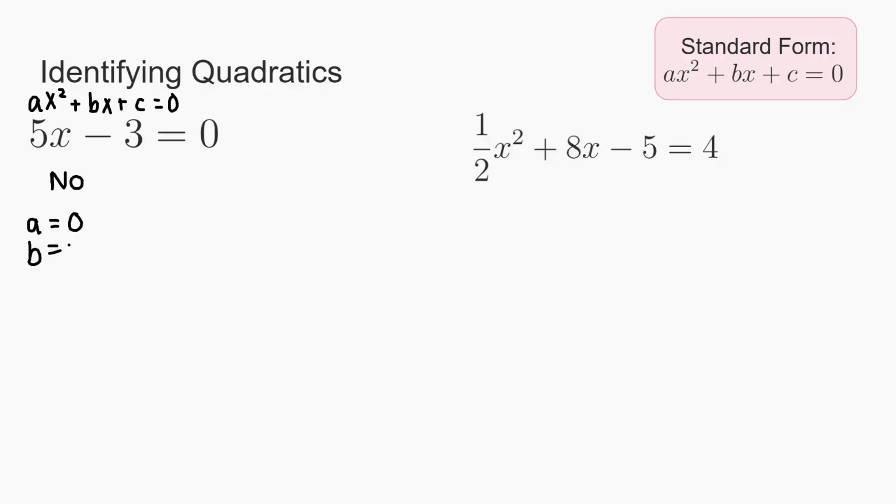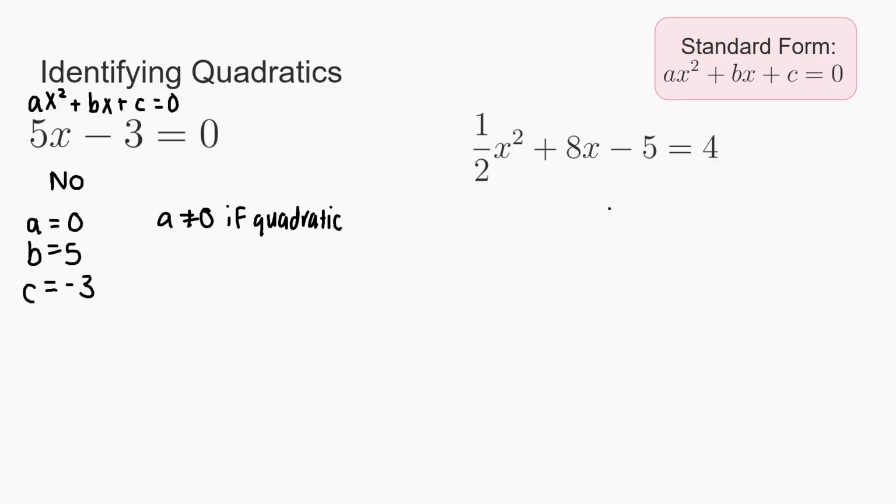B equals 5. And c equals negative 3. But like I mentioned, a cannot be 0 for a quadratic, because the x squared term is what makes something quadratic.